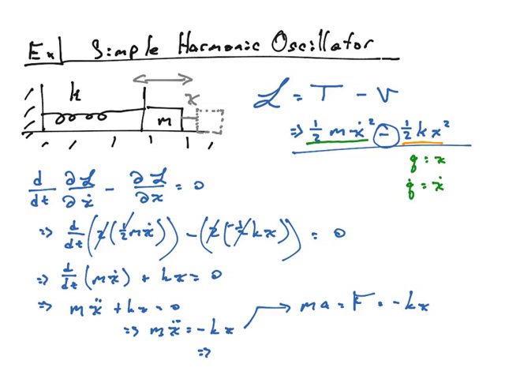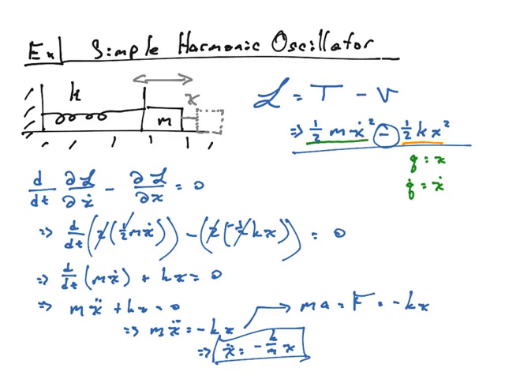And of course, we could then say x double dot is equal to minus k over m x, where k over m is related to the frequency of oscillation. And there we go. There is our equation of motion. From there, we could do things like integrate to find the velocity, integrate twice to find the position, and all sorts of stuff.